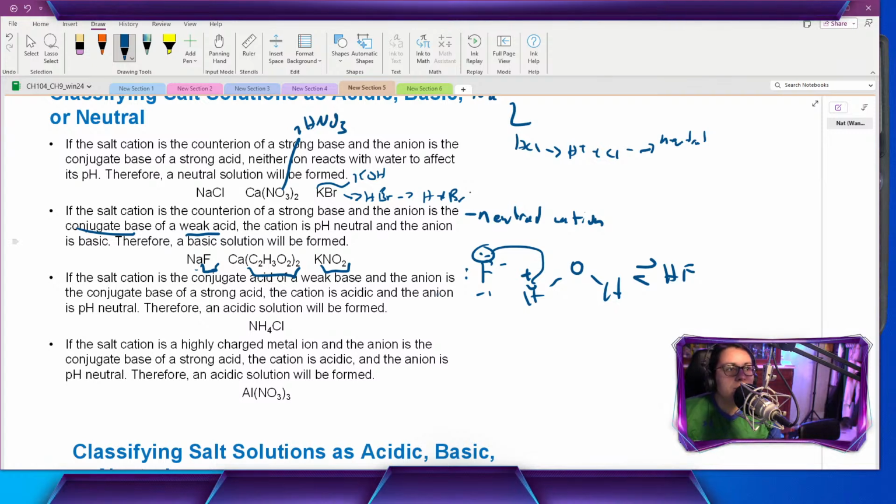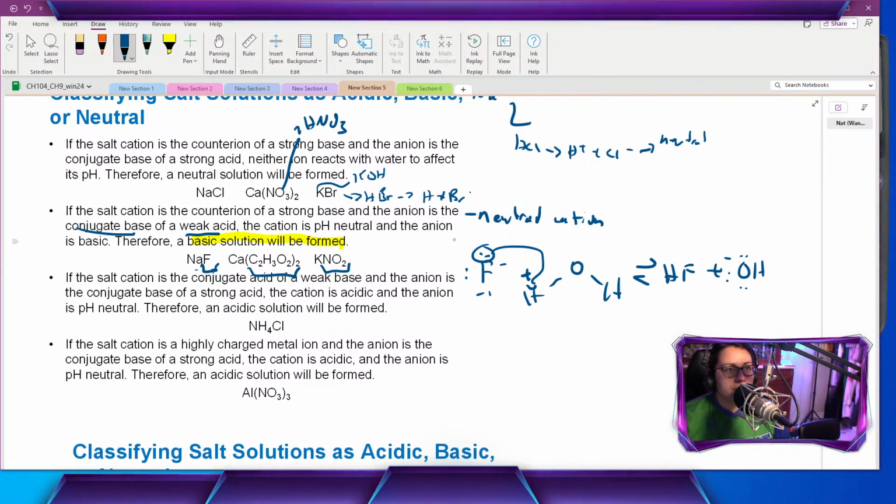And now we see why it's called a basic solution, why it says it's a base, right? Because it says a basic solution will be formed. And there's our base. So plus, we're left with hydroxide in solution. So the definition of a base makes hydroxide ions. There we go. We proved that fluoride is a base.